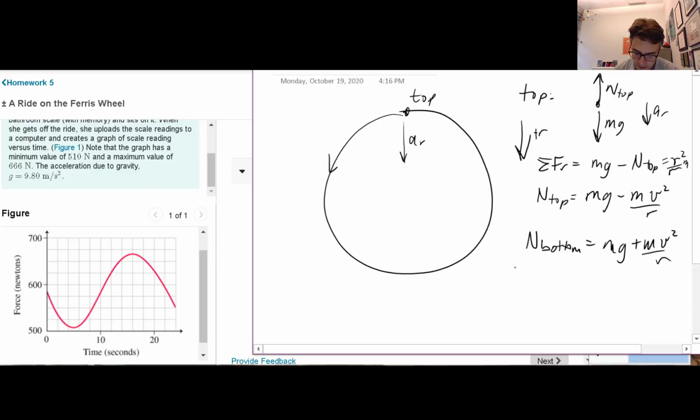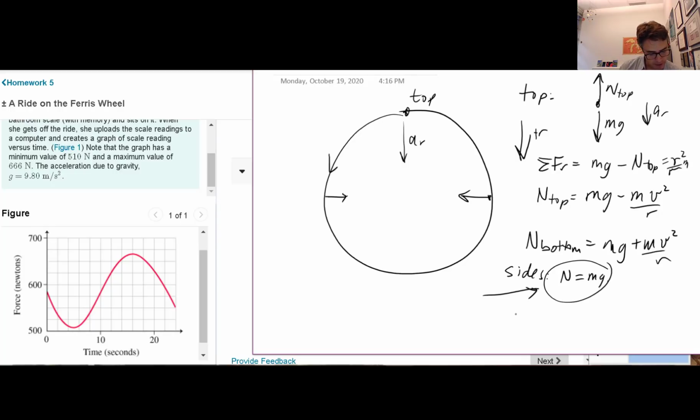And at the sides, the normal force at the side, when the acceleration is towards the center here, then the y components of the acceleration won't be affected, so you'll get the normal force is equal to mg. And that's going to be right around 600 newtons. In fact, I think it should be the average of 510 plus 666 divided by 2.